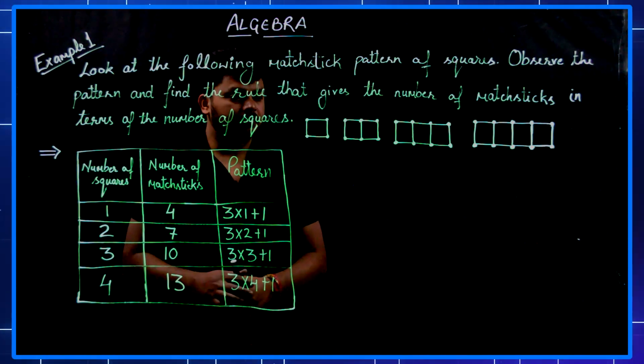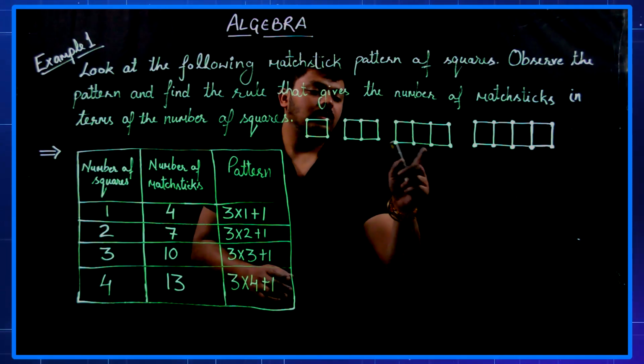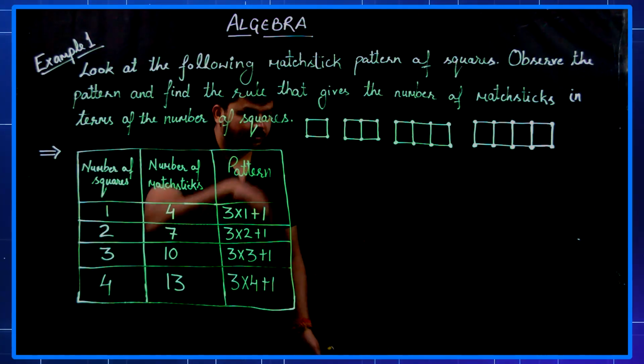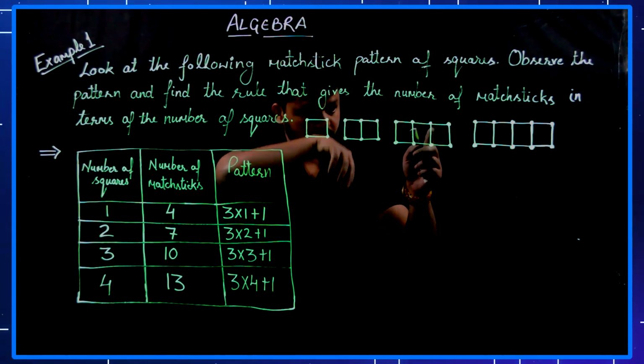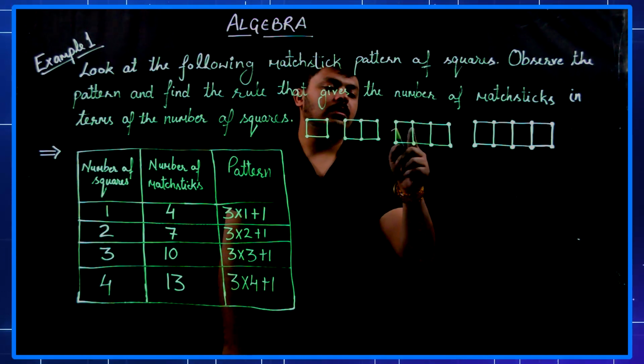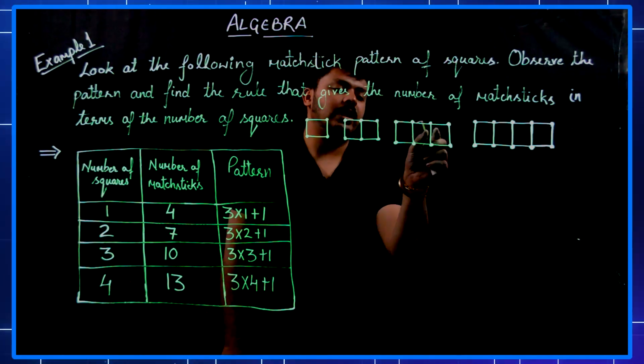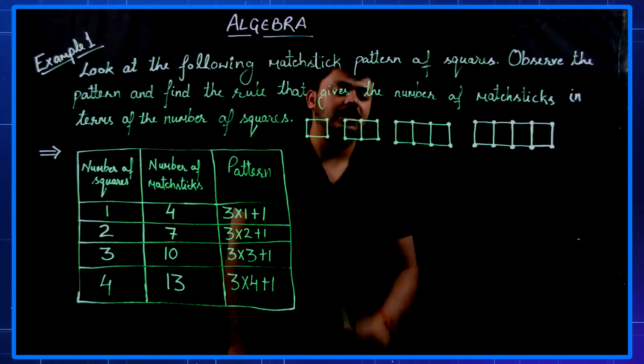So therefore 3 multiplied by 3 plus 1. You can see here the common matchsticks. Here in the 2 squares the common matchstick is this, and in 3 squares the common matchstick is this.